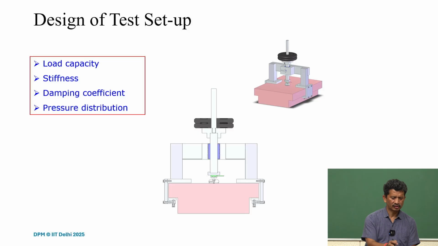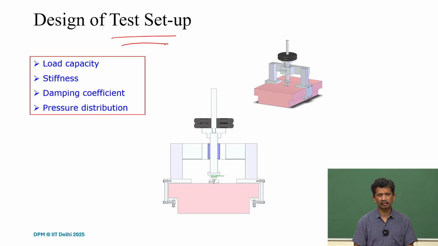So what we also try to do is develop a test setup, and see whether, for a given bearing diameter and the different parameters we have, we can do some measurements and characterize it. So we developed a test setup, a test bench we call it.